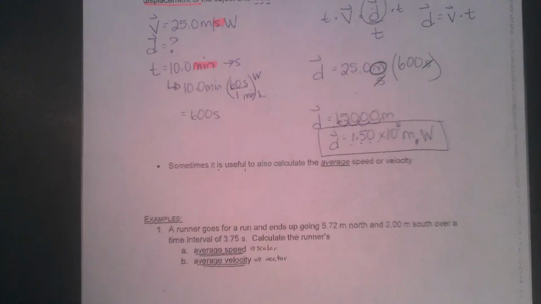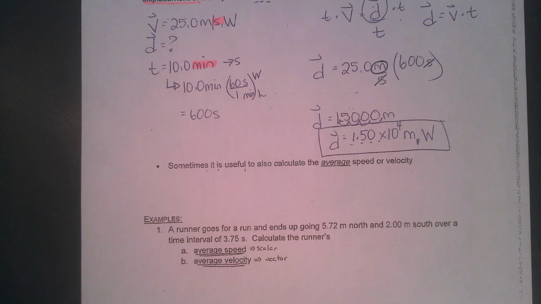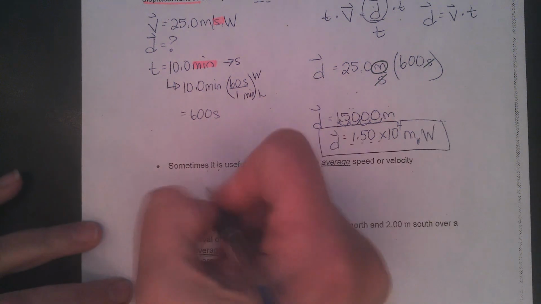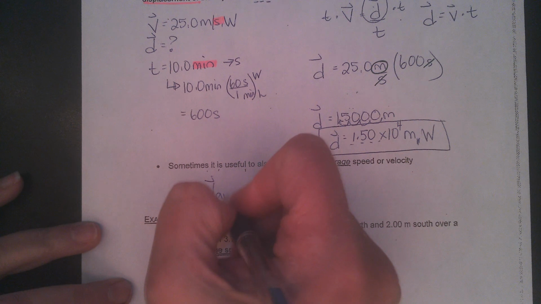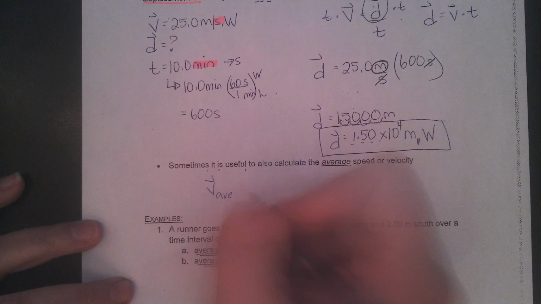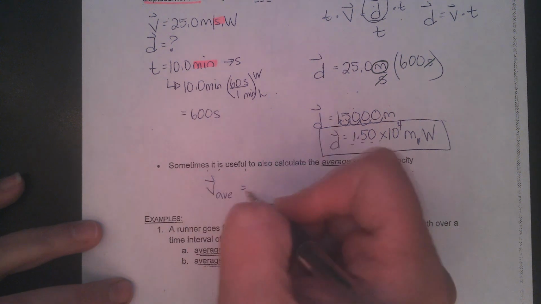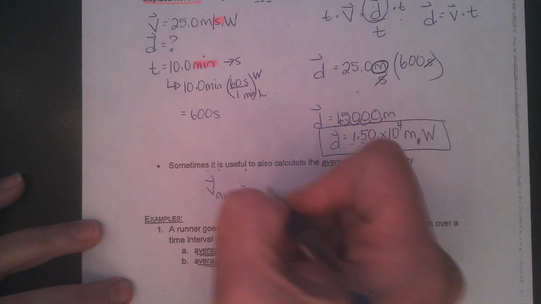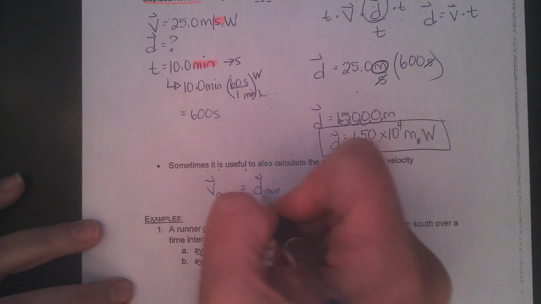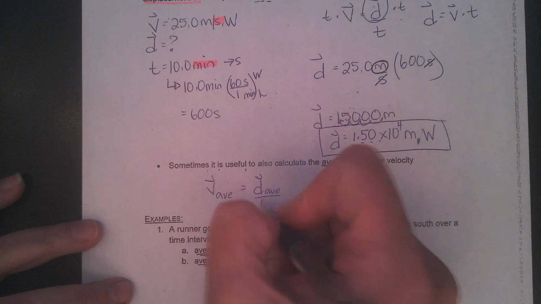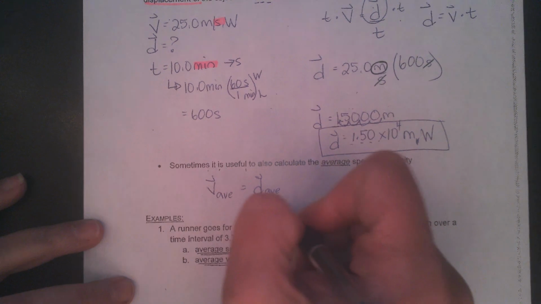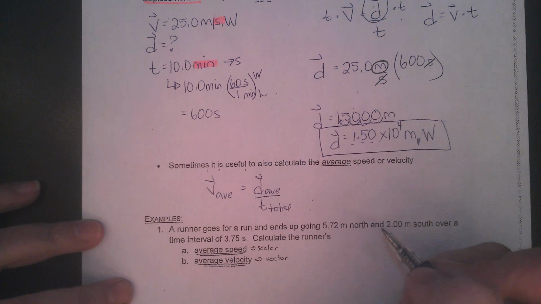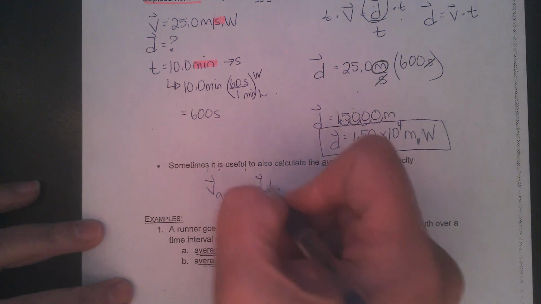And so sometimes we need to calculate average velocity. And so then we write down here, v average is equal to displacement over time total. Sorry, not average, total.